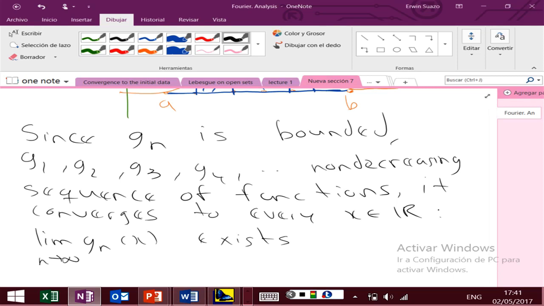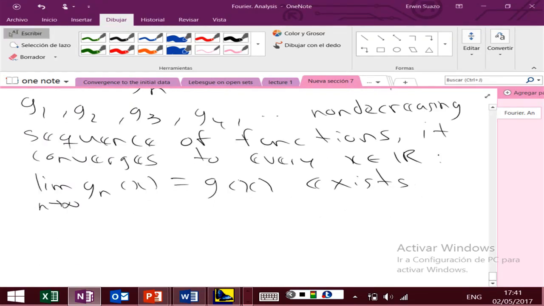So by Real Analysis 1, for each x the limit exists. So for each x I can define the limit, and let's call it g of x. I'm not going to have g of x equal to infinity. Remember this important thing we used before: an increasing sequence that is bounded has a limit. Okay, so that's for G sub n of x.